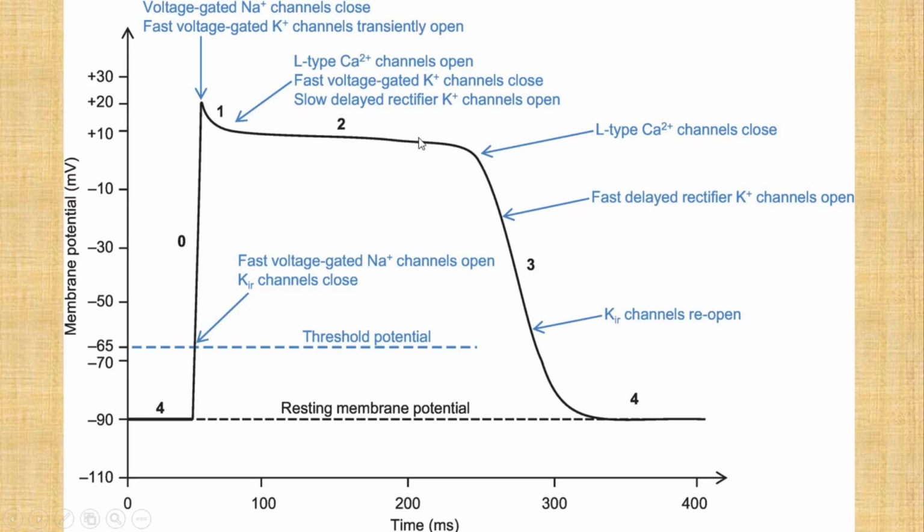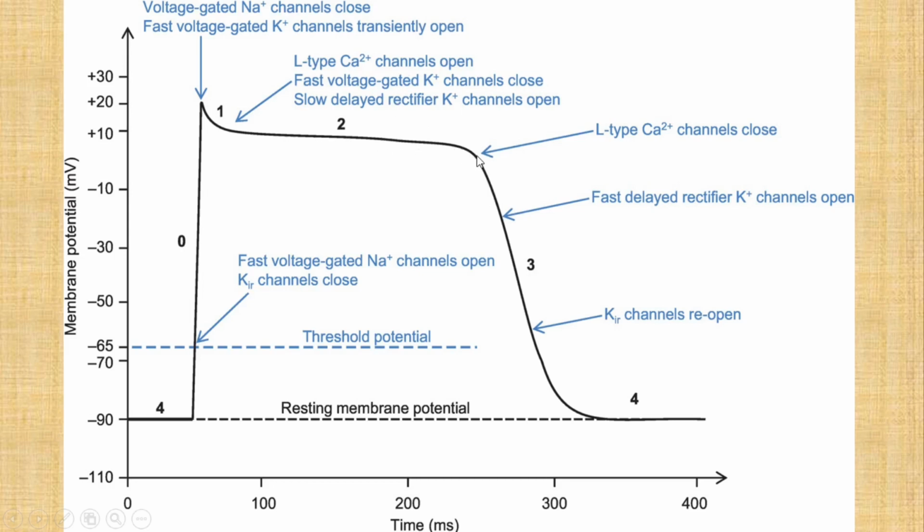Along with this, there is also opening of a potassium channel called the slowly activating or slow delayed rectifier potassium channel. So the potassium ions are going out, calcium is coming in, so the membrane potential will remain sustained.